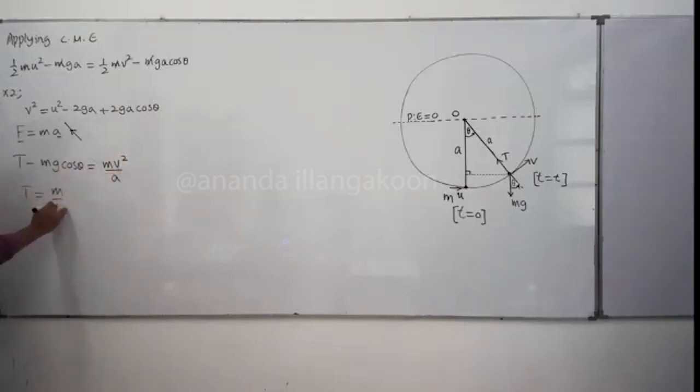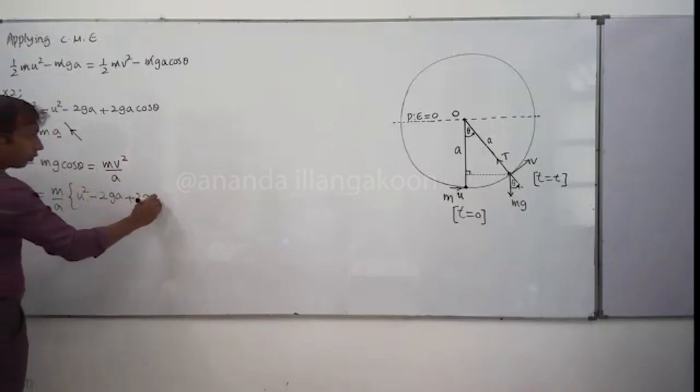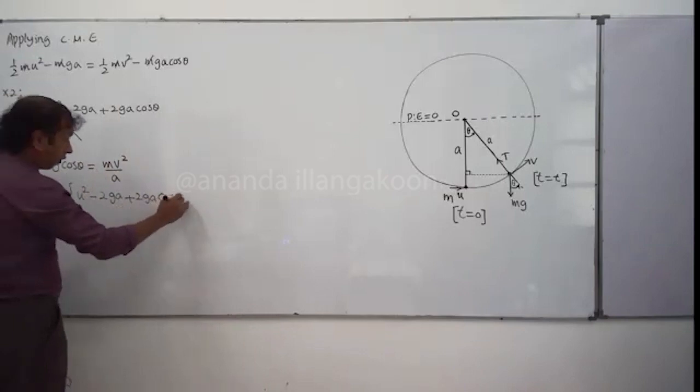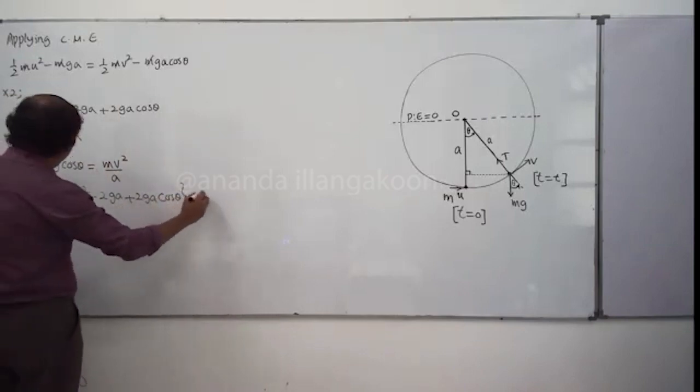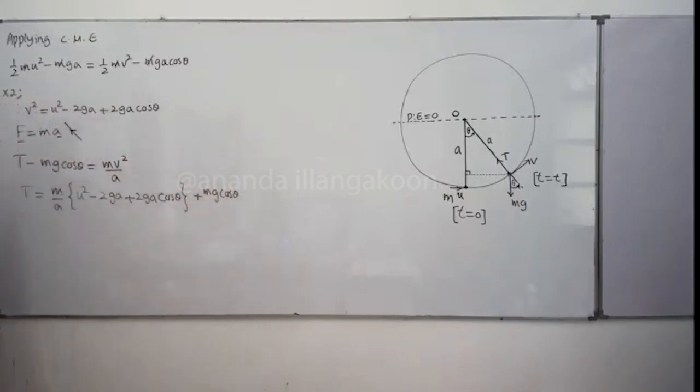Taking m upon a to the right hand side, v squared is this answer, plus mg cos theta. Now we'll find the tension T here.